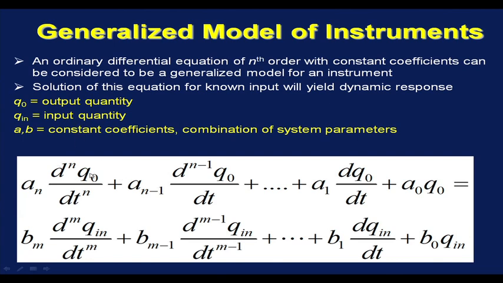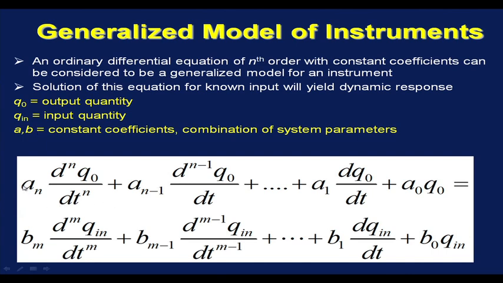Let us define Q0 as output quantity, Qin as input quantity, and A, B are constant coefficients which are essentially combinations of system parameters, maybe combinations of physical parameters which are all being assumed to be constant. So, all A's and B's are constants.